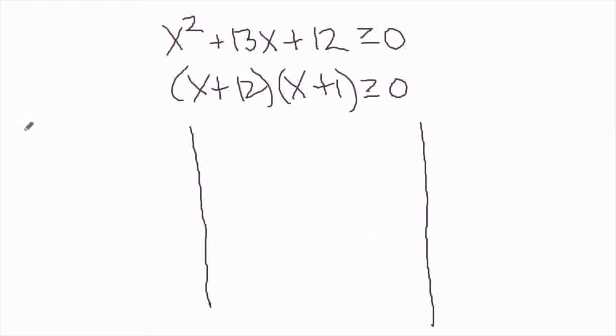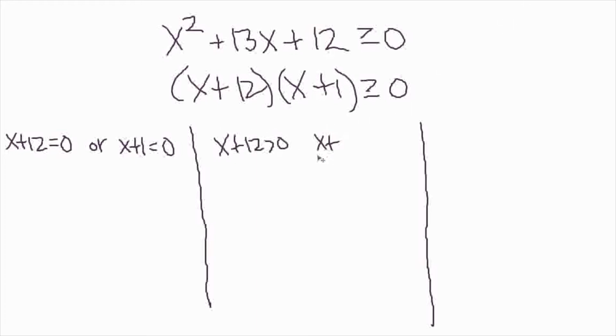The first case is maybe the product is 0. If the product is 0, that means one or both of the factors are 0. That's the one we know and love, where we're solving equations. What if it's bigger than 0? Well, then both factors have to be the same sign.